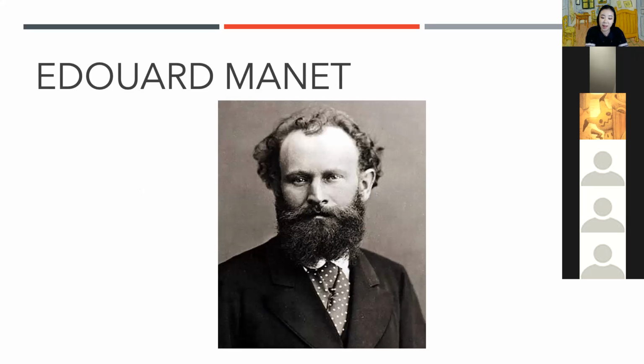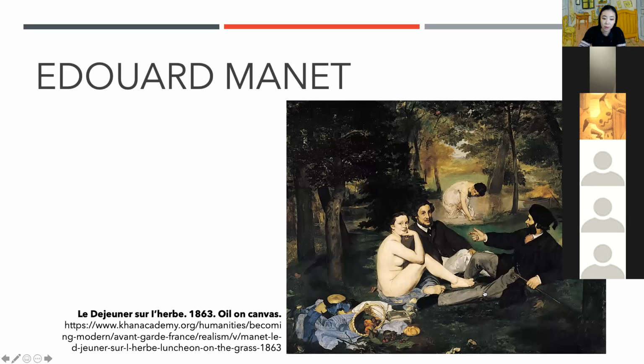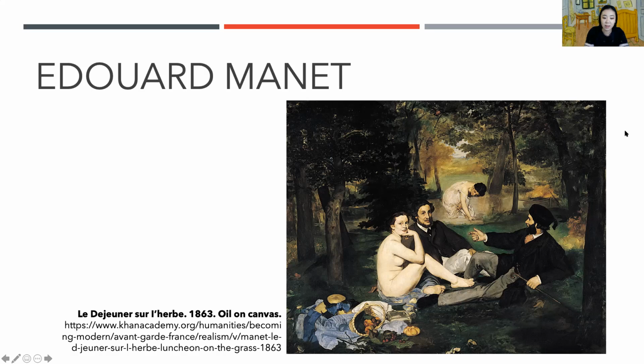Manet was a French modernist painter, and he was one of the first 19th century artists to paint modern life and a pivotal figure in the transition from realism to Impressionism. Manet's painting is kind of odd, and art historians still debate just what he meant by it.